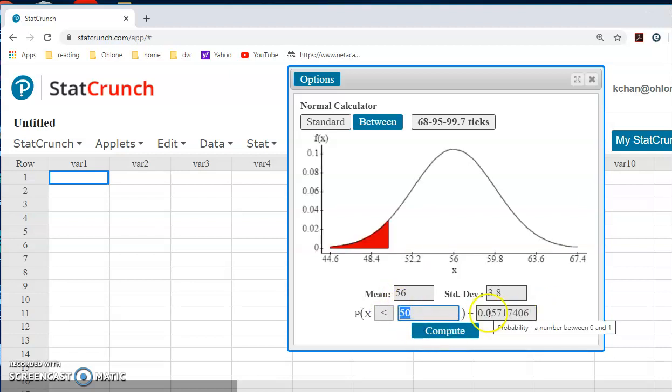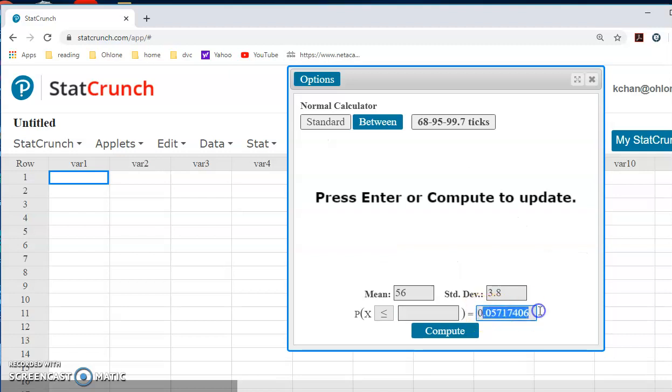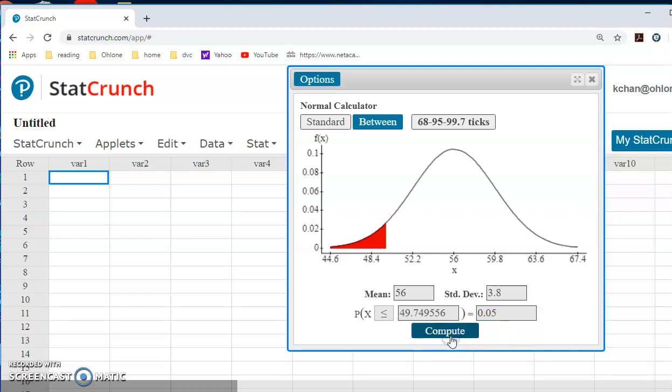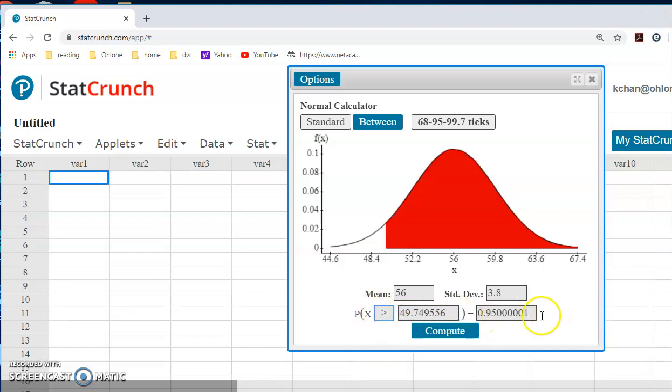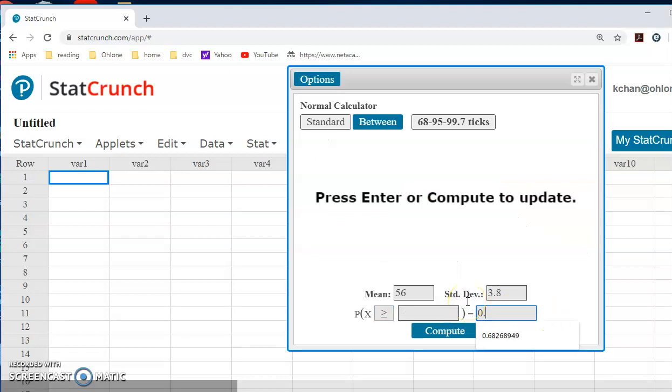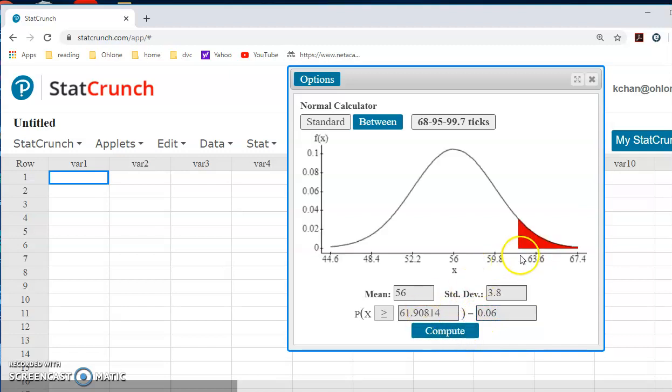That is the probability. But if I want to know the area, I just want 0.05. I will do it this way. You put your left area in this box and then you click. And if you want a right area, you put your right area in this box. So let's say 0.06. And what is the cutoff? The cutoff is this number.